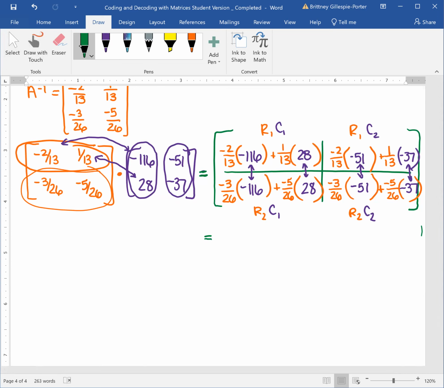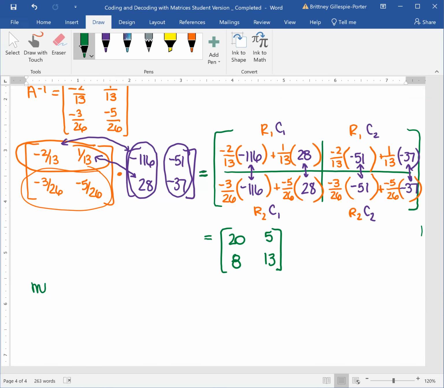Underneath should be 8. And then 5 and 13. When you are trying to decode, all of your answers should be between 0 and 26, because there are only 26 letters in the alphabet and we use 0 for space.